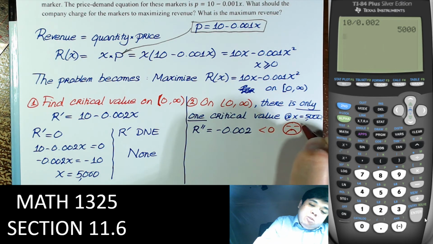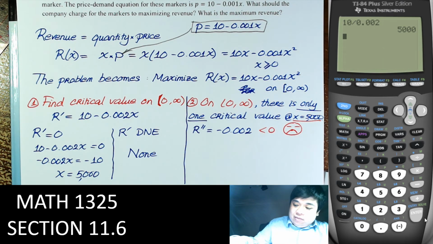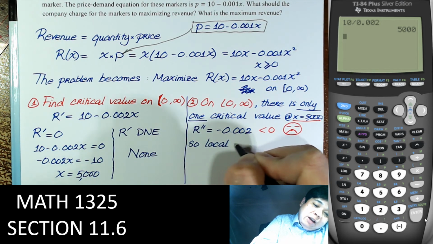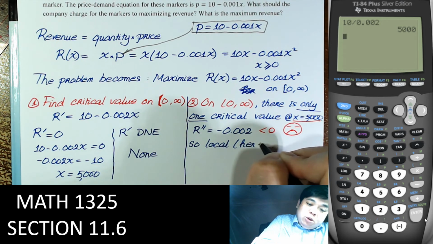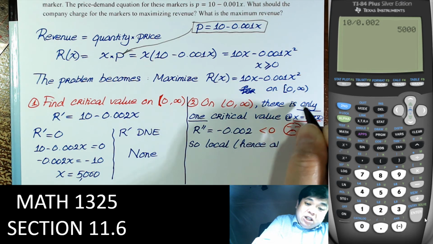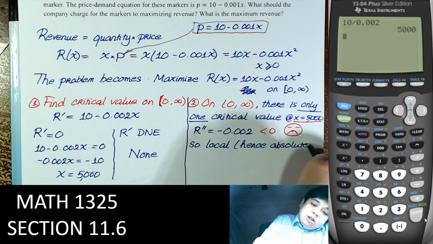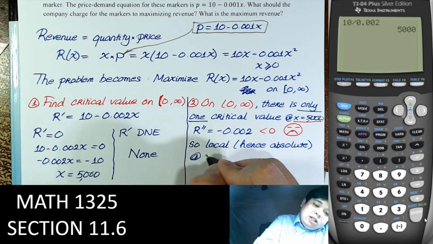So that means this point is a max. So local and therefore absolute, because there is only one critical value. So the absolute max or local max is at x equal to 5,000.